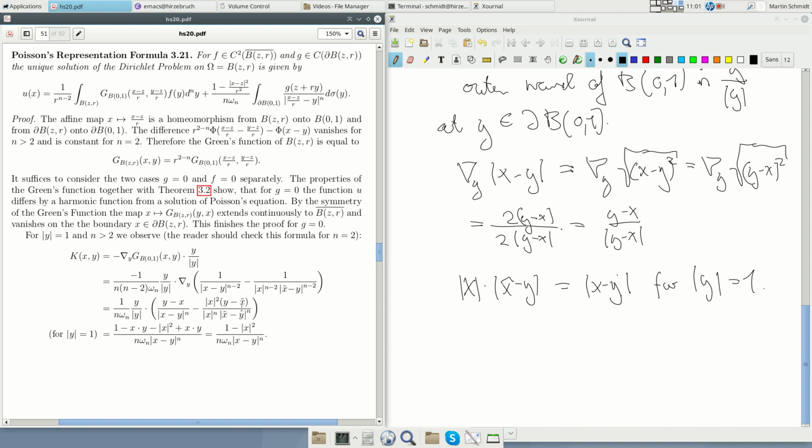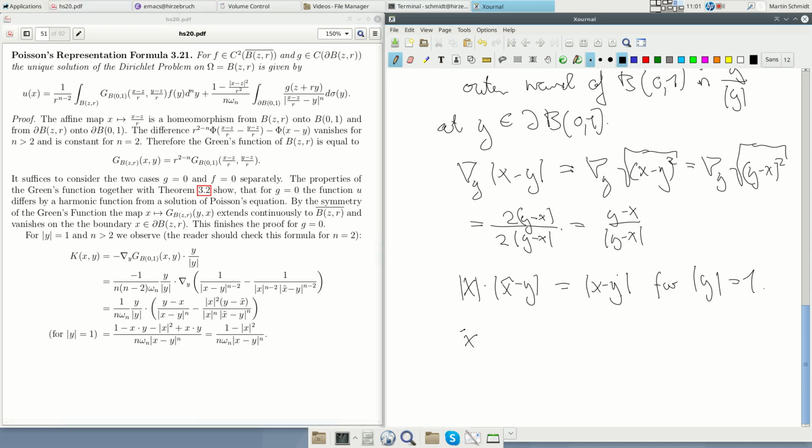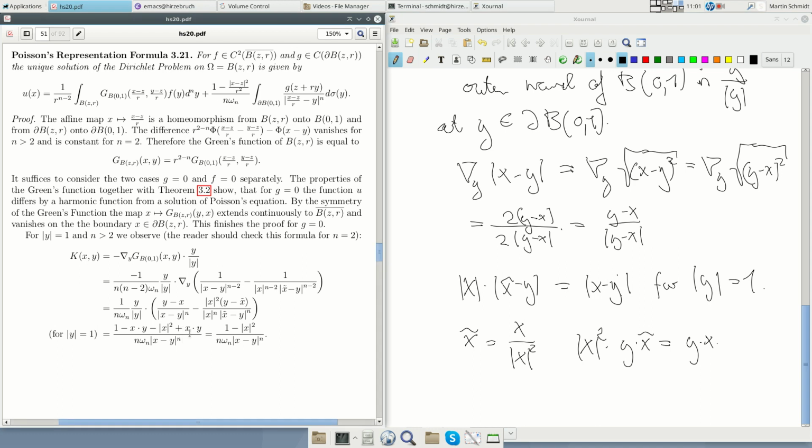Then y times x tilde is of course defined as x by the absolute value of x squared. So the absolute value of x squared times y times x tilde is the same as y times x. Here we have a minus, so it becomes a plus, so we get plus this term. Then we see these cancel and these terms remain.